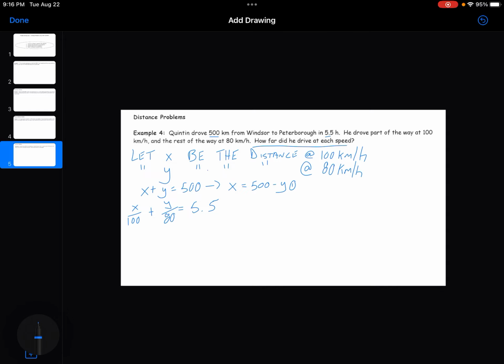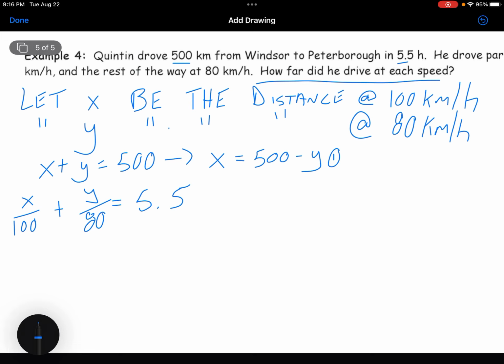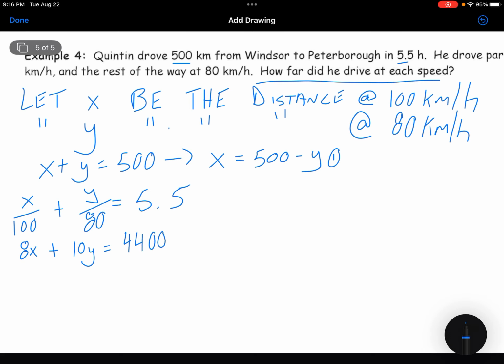Okay, you're working through and you kind of struggled. All that's going to happen is your math is just going to be a little bit bigger. Okay, so if we multiplied this by 800, we'd get 8x plus 10y equals, and then 5.5 times 800 is going to be a little bit bigger. You're going to get 4,400. So then that's our new equation.